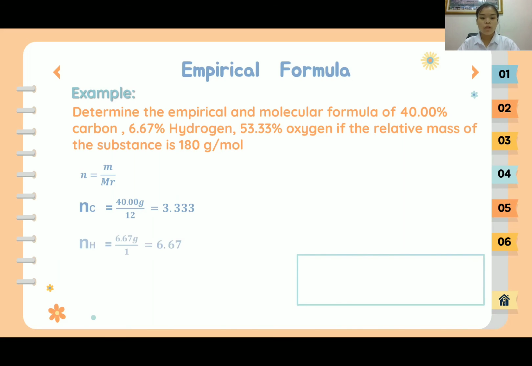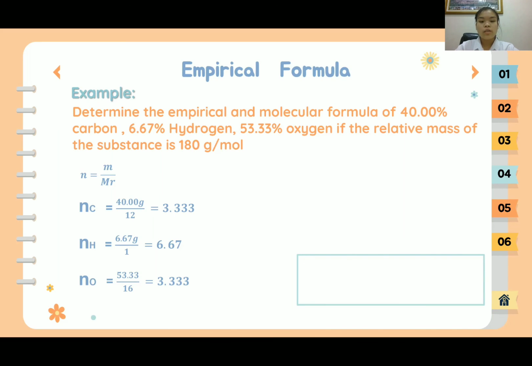Next is the mole of hydrogen, which is the mass is 6.67 grams divided by 1, which is equal to 6.67. Next is the mole of oxygen, where the mass is 53.33 per 16, which is the molar mass, which is equal to 3.333.